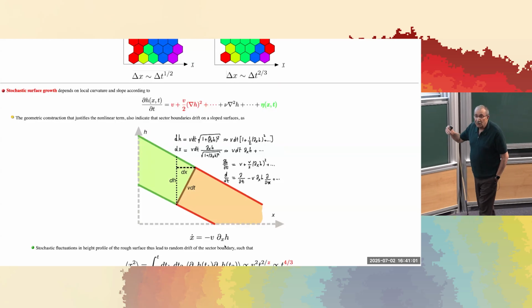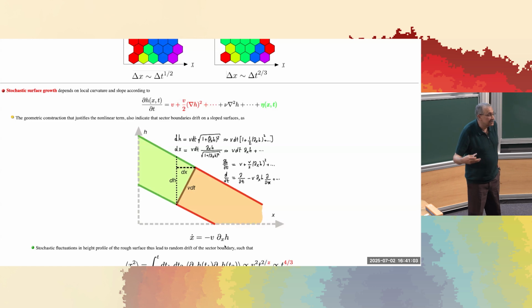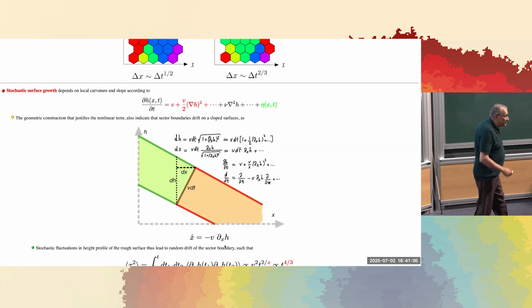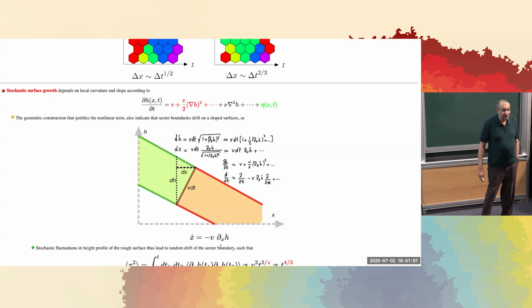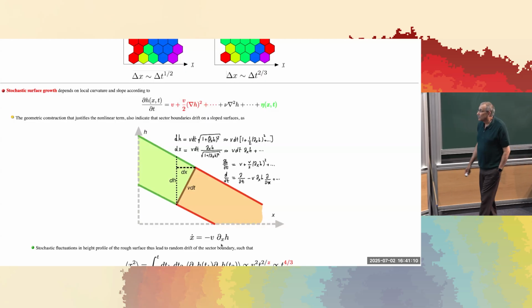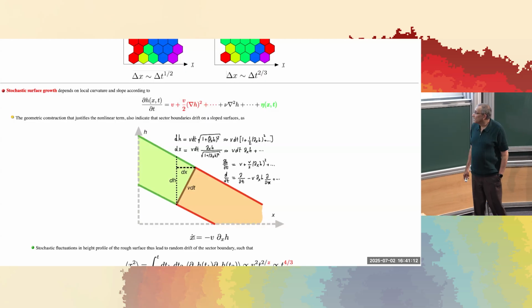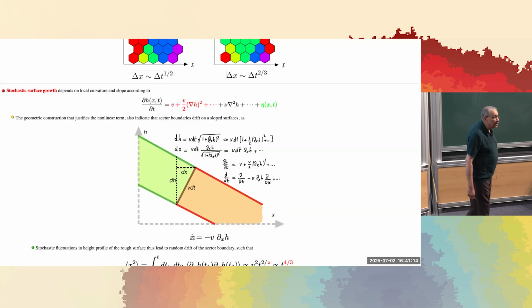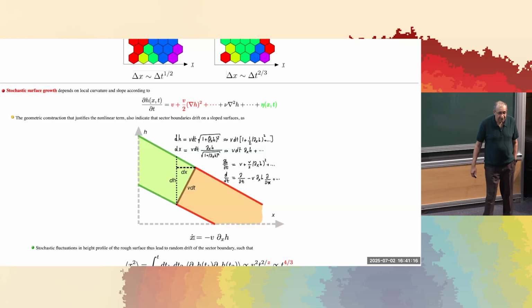The value of the slope at some time and some later time is going to be correlated to each other. So if we can figure out something about correlation of the slope, we can integrate that and get something about the root mean square fluctuations.